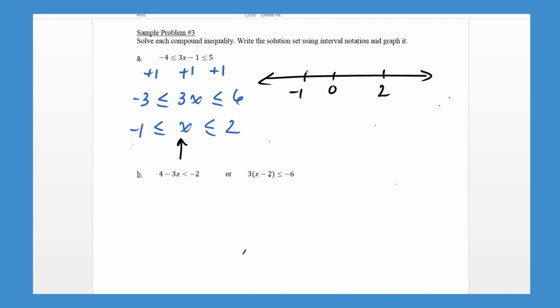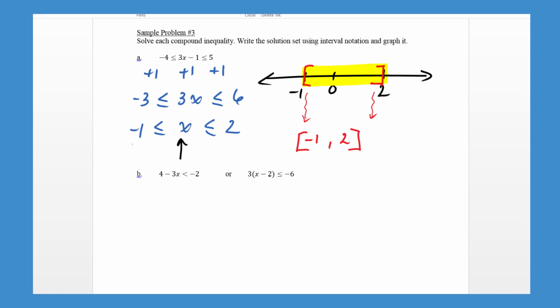Since it's equal to, I'm going to be using the closed bracket, and I'm just going to use a highlight to represent the solution set. Now, to write that in interval notation, these brackets more or less drop down perfectly for my interval notation with the bounded interval using the endpoints as the numbers. So that is a good example of an and compound inequality.